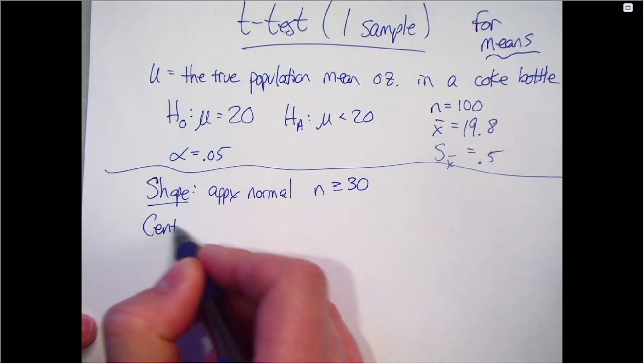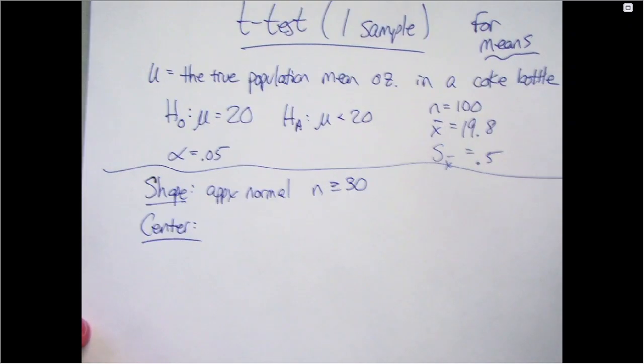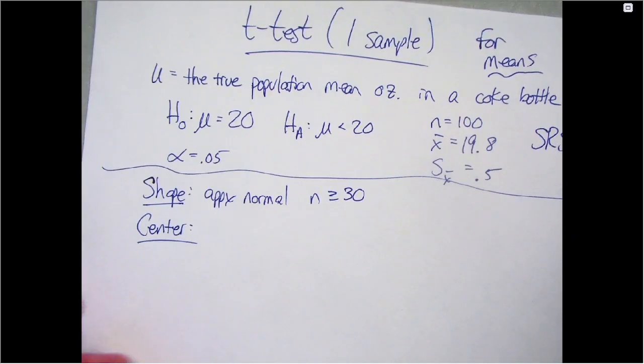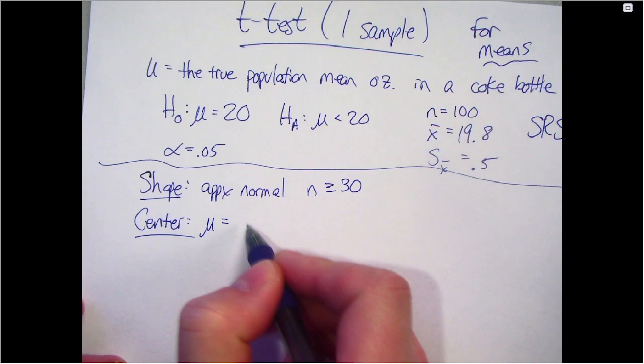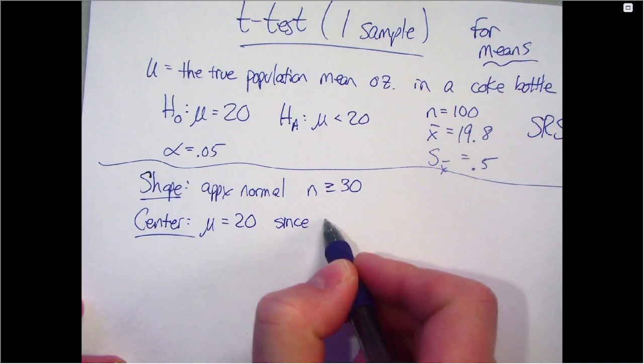Center. Wait, I have to fix something before we do the center. Go back up here and write SRS. Now we're good. The center is going to be 20, since SRS.